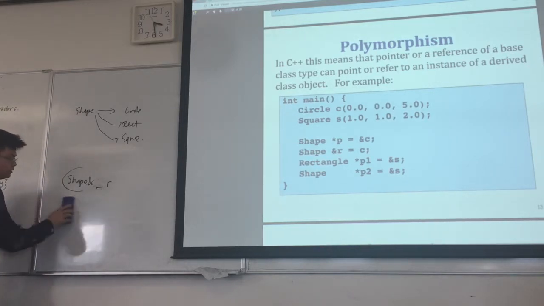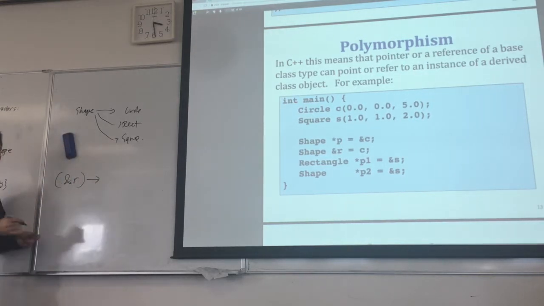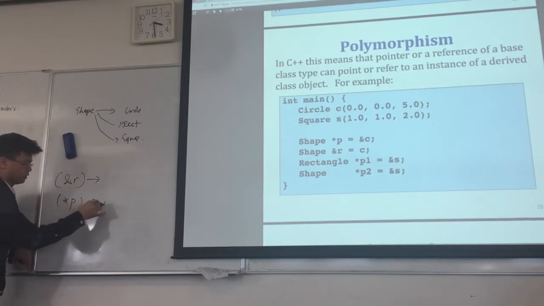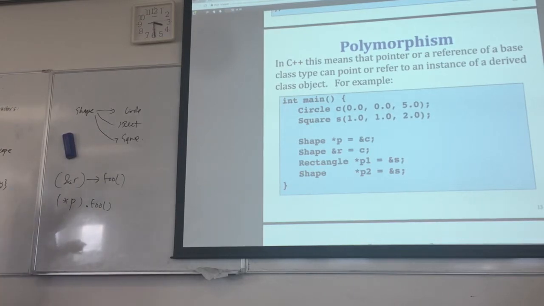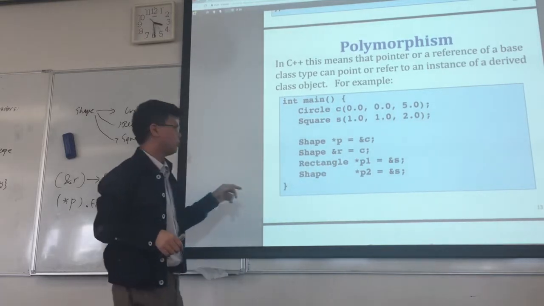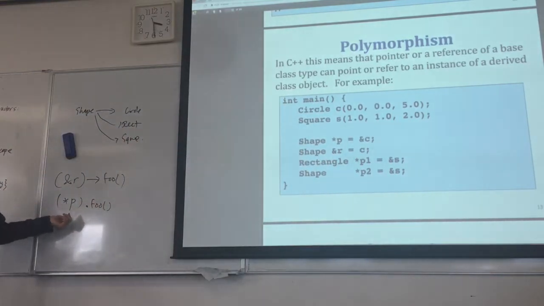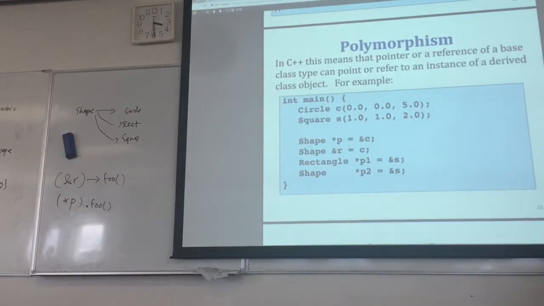So because it is a pointer, you can do things like this. And because asterisk P is an object, you can do things like this. But be careful with how you write that ampersand and asterisk. When you declare it, try to put this asterisk and ampersand next to the name of the type. When you use the variable, put it next to the name of the variable. That will be a little bit more useful and less confusing to look at.